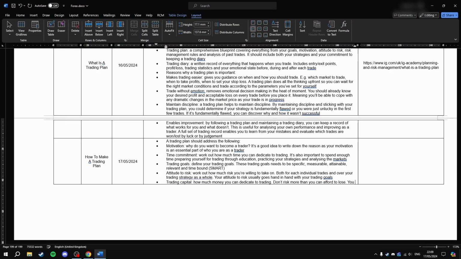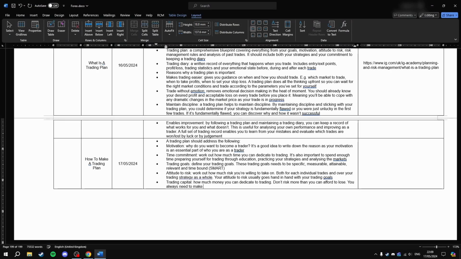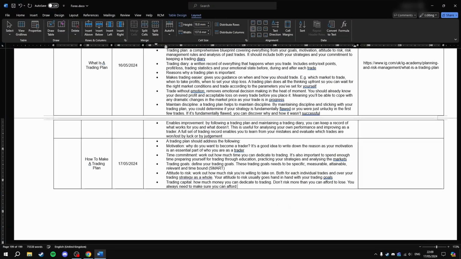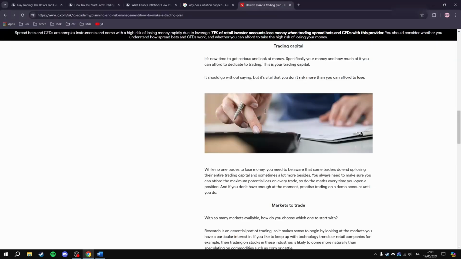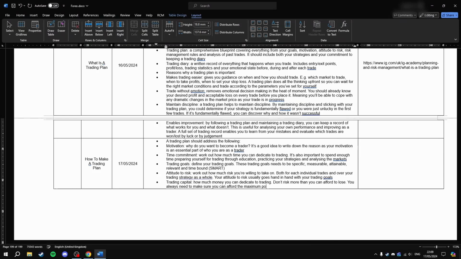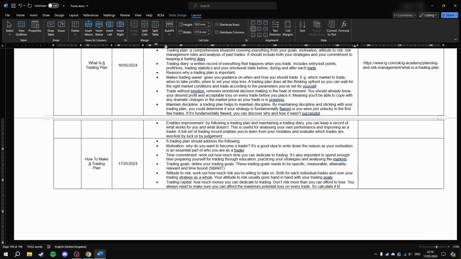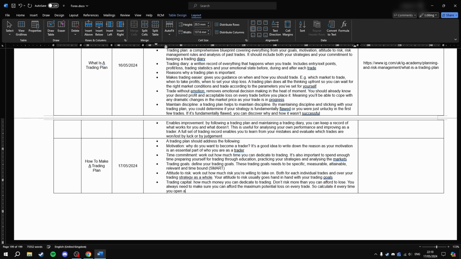So you always need to make sure you can afford the maximum potential loss on every trade. So calculate it before, calculate it every time you open a new trade.